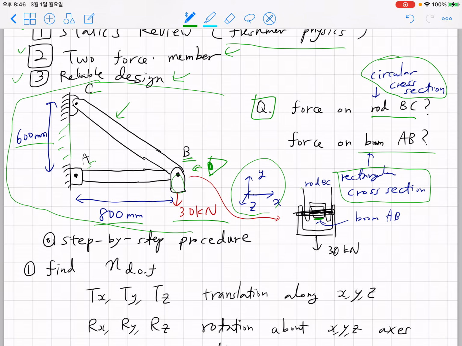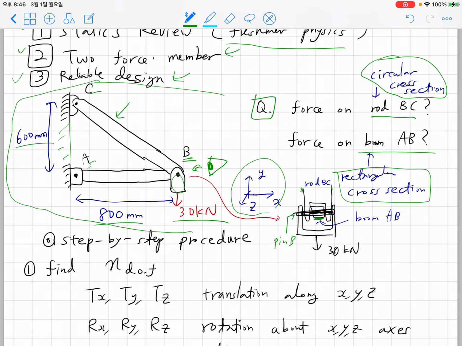Boom AB and rod BC have a hole, and this hole is connected by pin B, colored black. They are freely rotatable, and they make the mechanical equilibrium of this ABC structure. So the pin stays there under mechanical equilibrium.